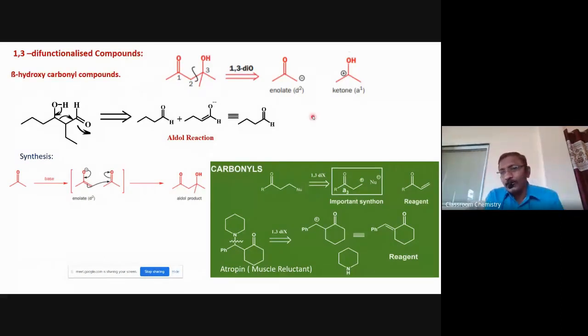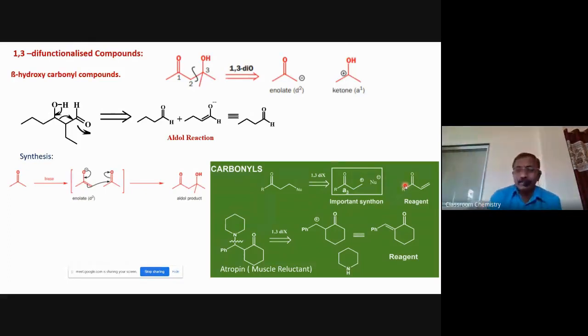Like here, the enolate we observed is D2, and in this case we observe the acceptor. When this gets positive charge, we have to add a nucleophile, we cannot add an electrophile, and that's why such a reagent is always preferred for the alpha beta unsaturated system. So if there is an alpha beta unsaturated system, we can disconnect the molecule and do the Michael addition. Did you understand which method we have to adopt in such a situation?